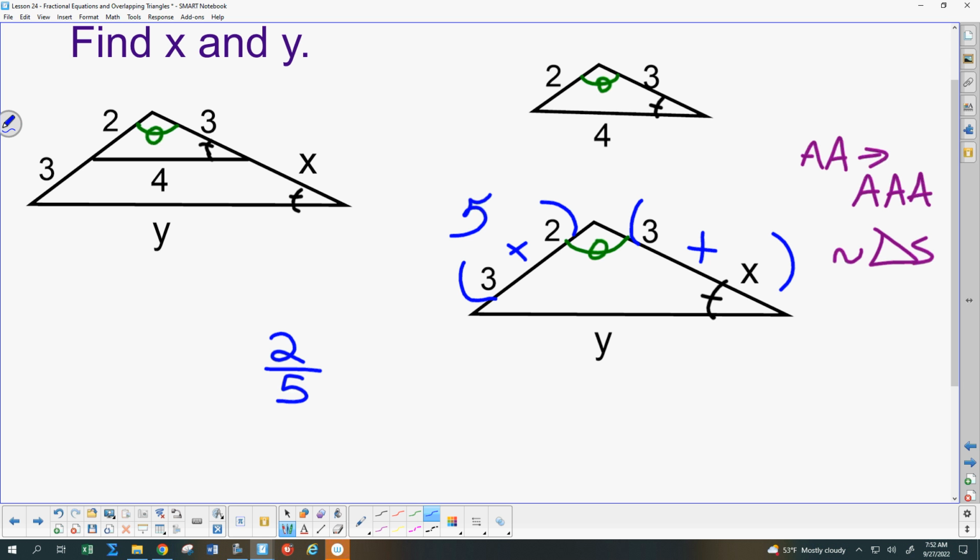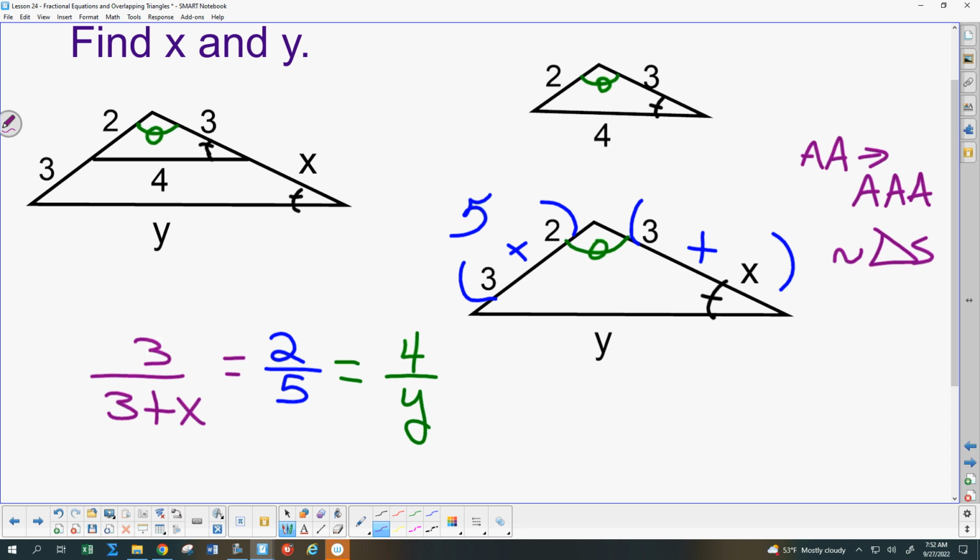Then if I go across from the one I marked in green, that is 4 over y. And then if I go across from the third one, which I didn't put a mark on, that's going to be 3 over 3 plus x. Check my work. Does that look right to everybody?